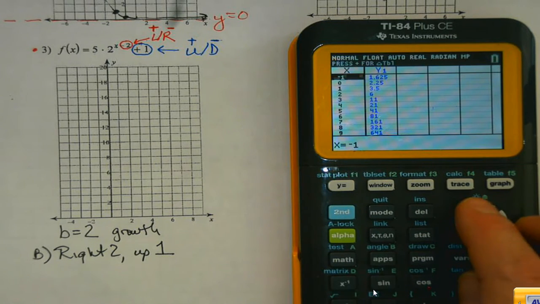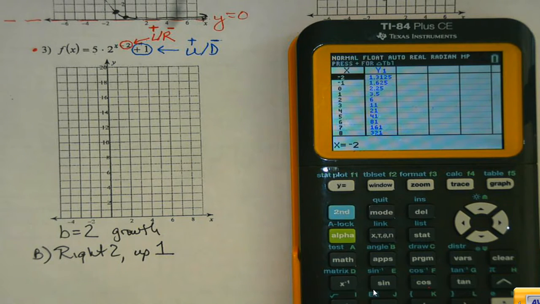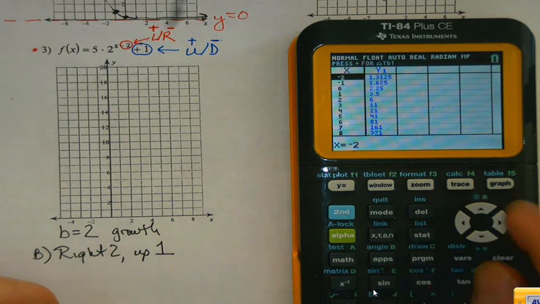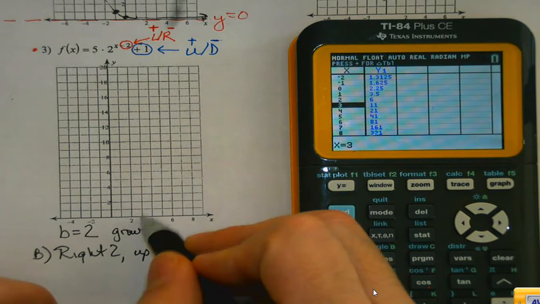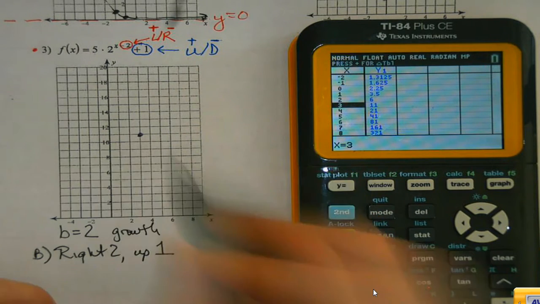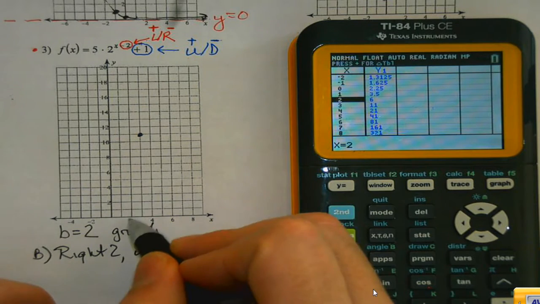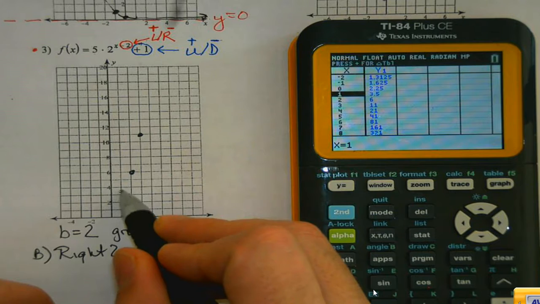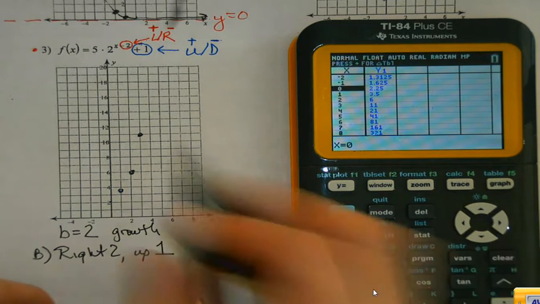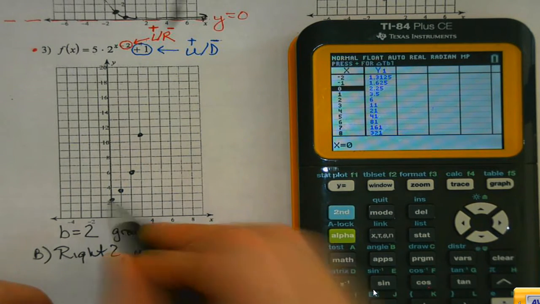So I pull up my chart. I start plotting some points here again that I can fit. So let's see here. 3, 11; 2, 6; 1, 3.5; 0, 2.25.